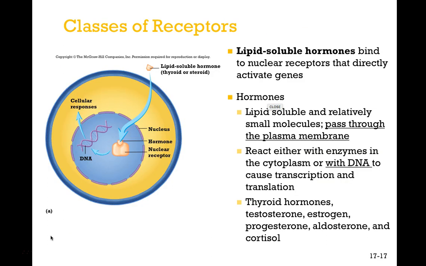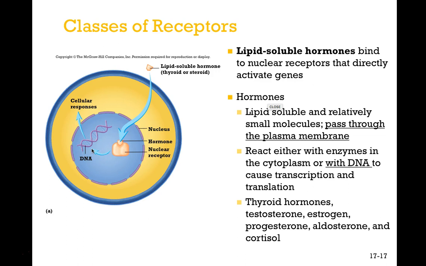First, let's talk about our classes of receptors and the hormones that will be attaching to them. We'll start off with our lipid-soluble hormones that are going to be able to move through the plasma membrane with ease and attach to nuclear receptors that will directly activate genes.